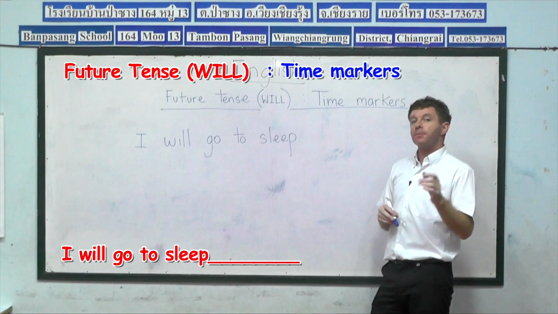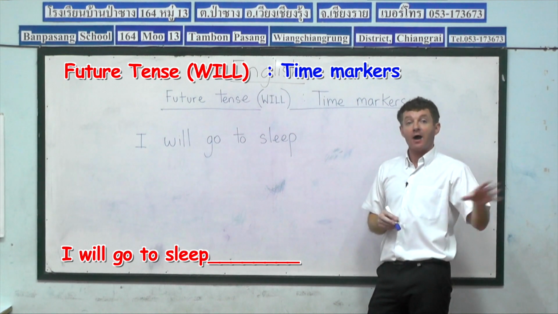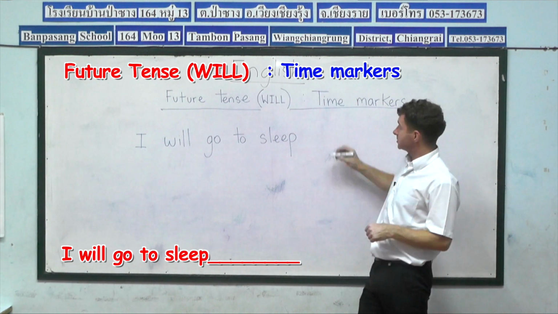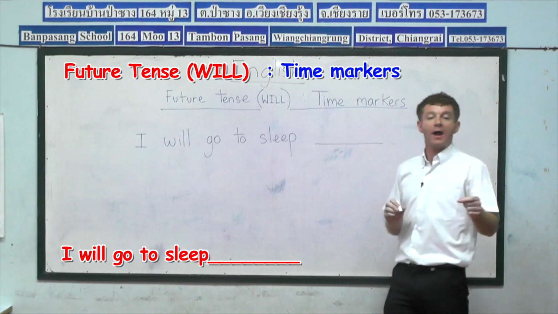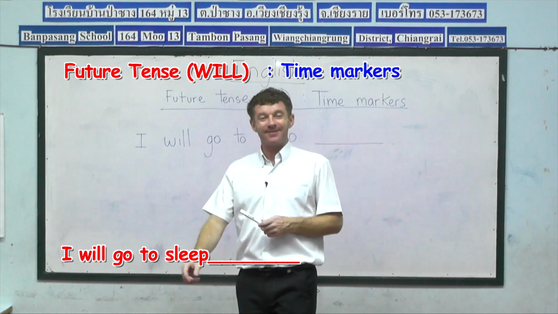But if we want to be more specific, if we want to tell when the event or action will happen, then we will use time markers. So who can give me a suitable time marker for when I will go to sleep? Tonight. Excellent.